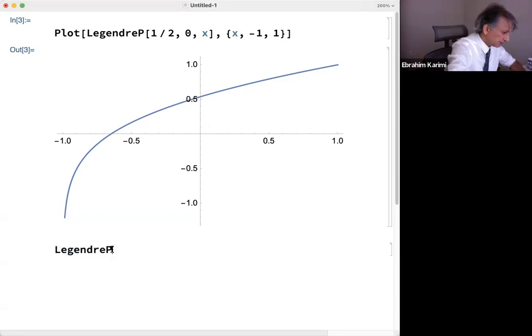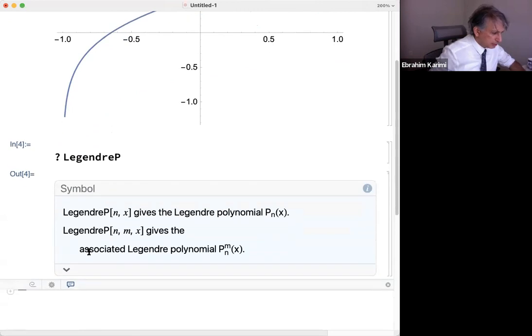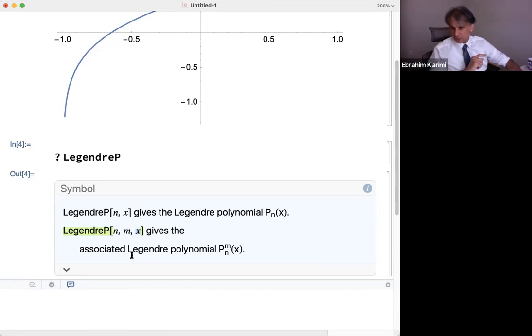Either you define it with 1 argument x and 1 label n, which is what we call the Legendre polynomials, or you go with 2 indices and 1 argument, n and m, which is an associated Legendre polynomial. We'll be discussing the second one later on.